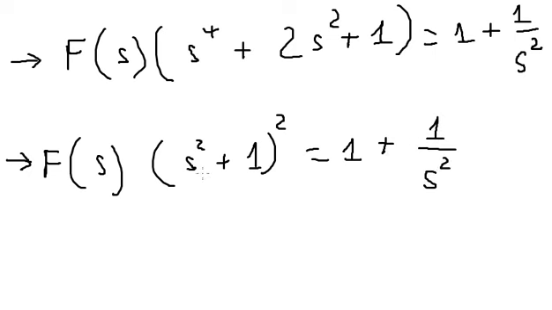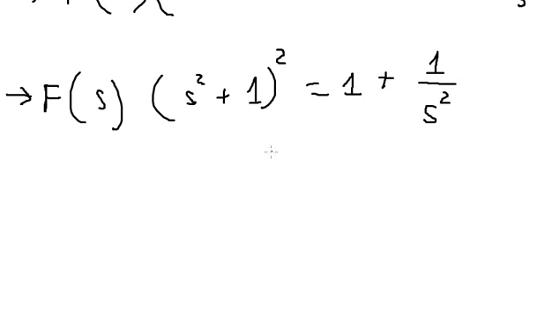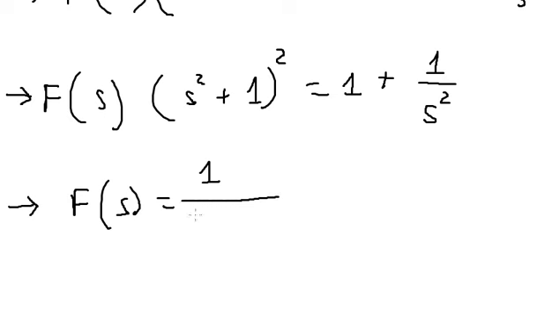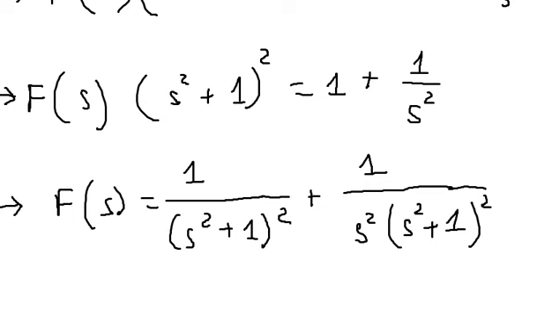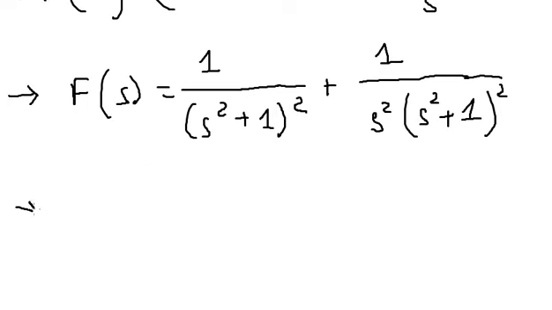Next, we divide both sides by s squared plus 1, everything to the power of 2. Next, we can do a common denominator.